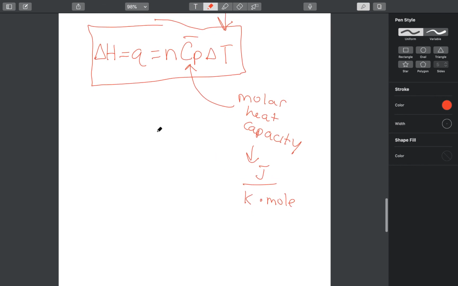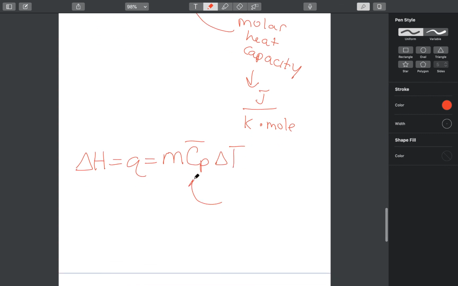The other form is called the specific heat. So in this case, you'd have delta H is equal to Q, which is equal to n M times Cp bar dT, where the Cp bar here is joules per Kelvin times grams. So this is the more common version of it.